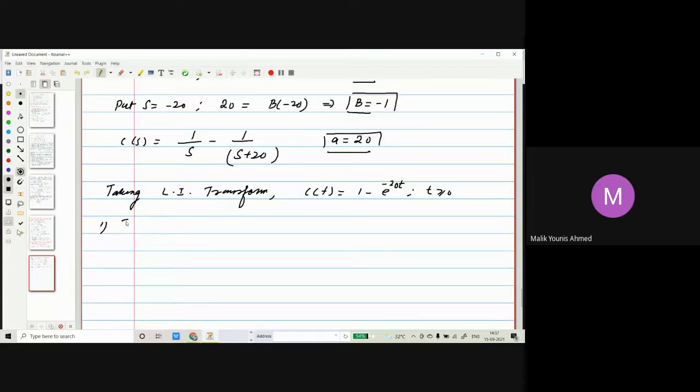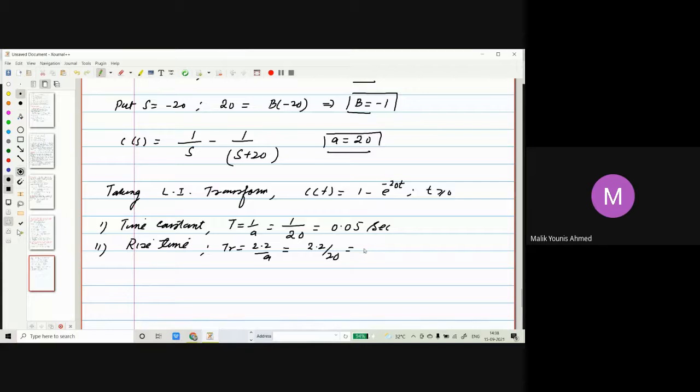Number 1, we have time constant. Time constant T is 1 by a. That will be 1 by 20, and that is 0.05 seconds. Okay. Second is rise time. Rise time is tr, that is 2.2 by a, that is 2.2 by 20, that is 0.11 seconds.